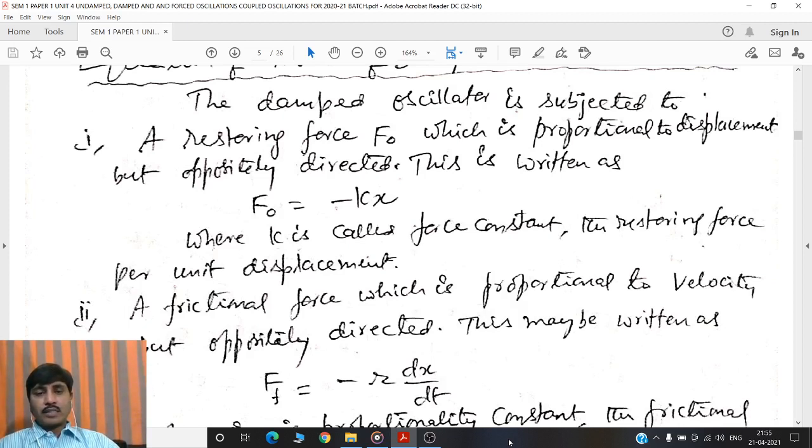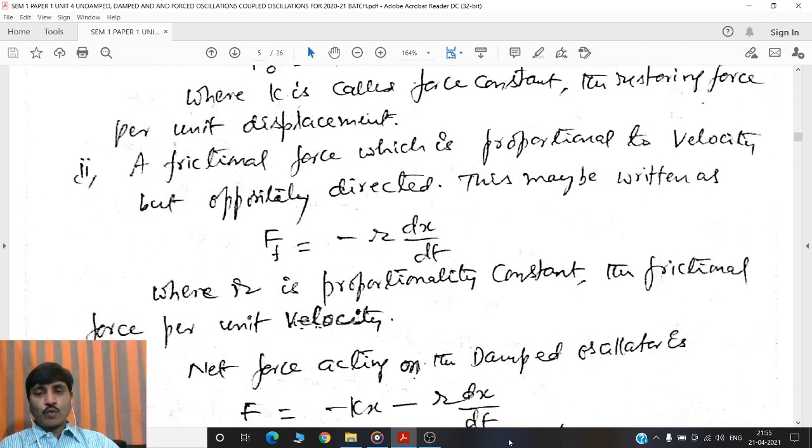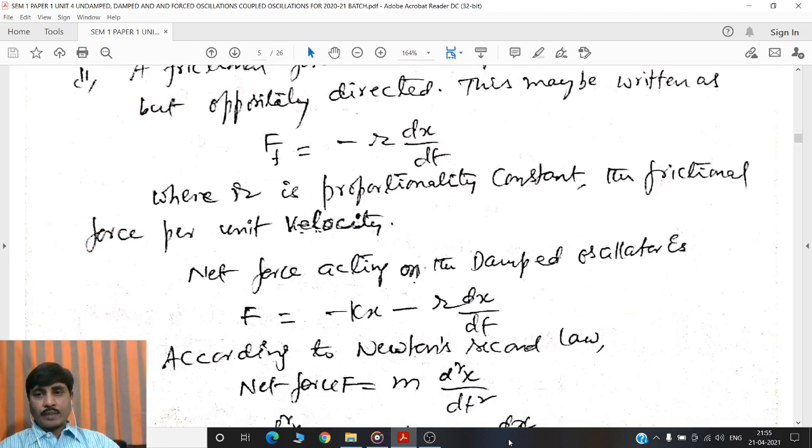This is written as F0 proportional to minus x, or F0 equals minus k into x, where k is a proportional constant called force constant, that is the restoring force per unit displacement. The second force is frictional force, which is proportional to velocity but oppositely directed. This may be written as F_f equals minus r into dx by dt, where r is a proportional constant, the frictional force per unit velocity.